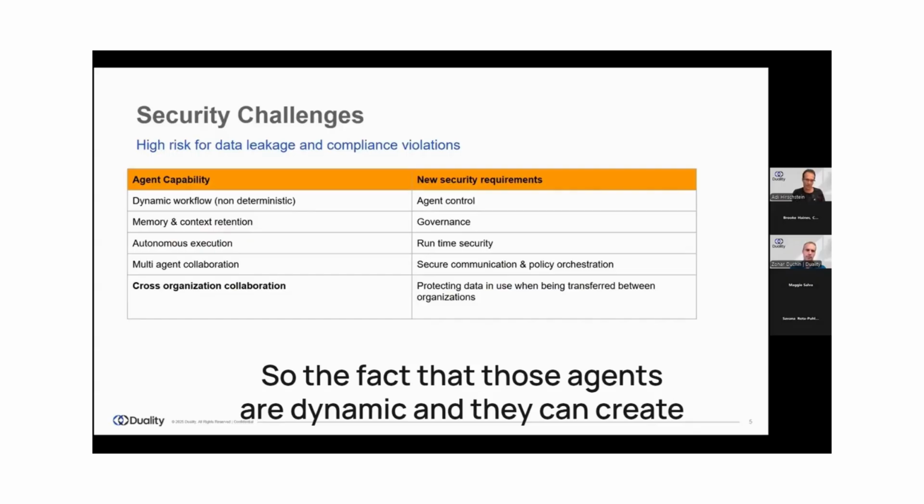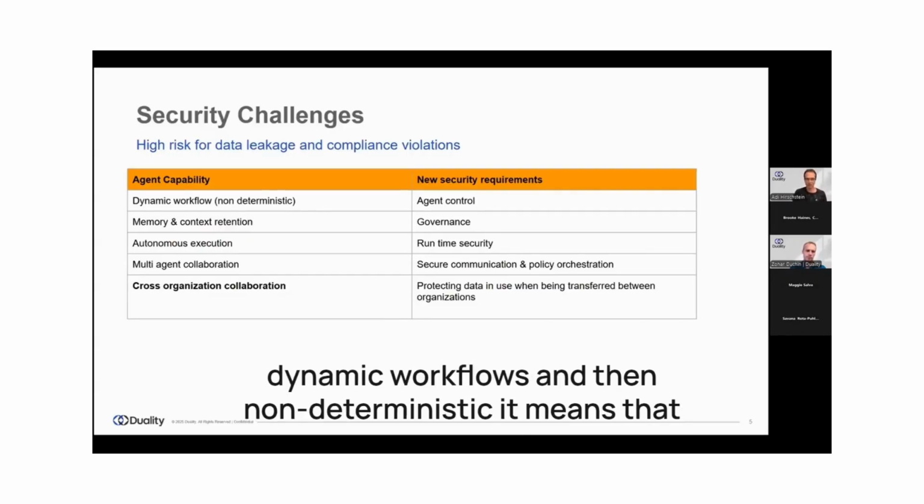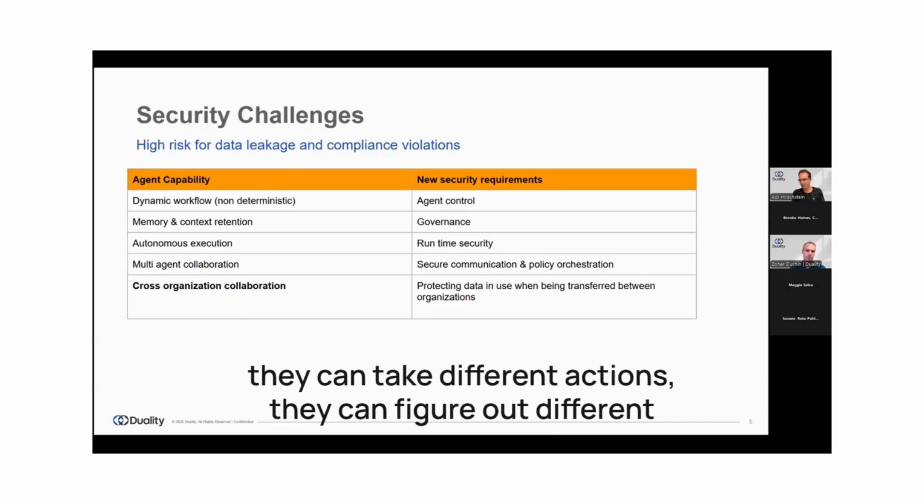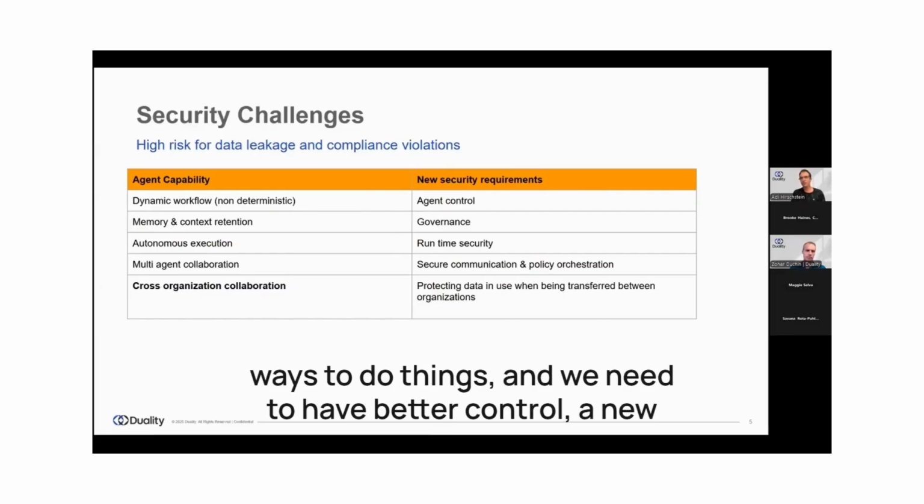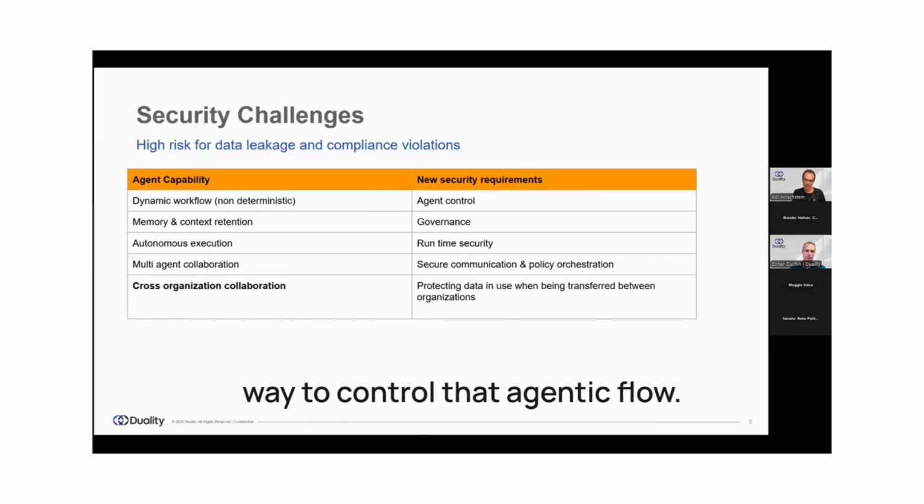So the fact that those agents are dynamic and they can create dynamic workflows and they're non-deterministic means that they can take different actions, they can figure out different ways to do things, and we need to have better control, a new way to control that agentic flow.